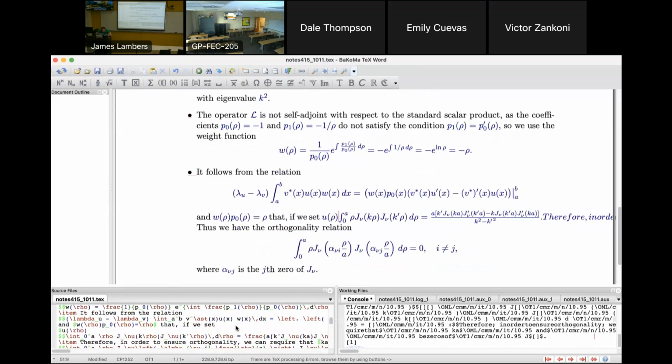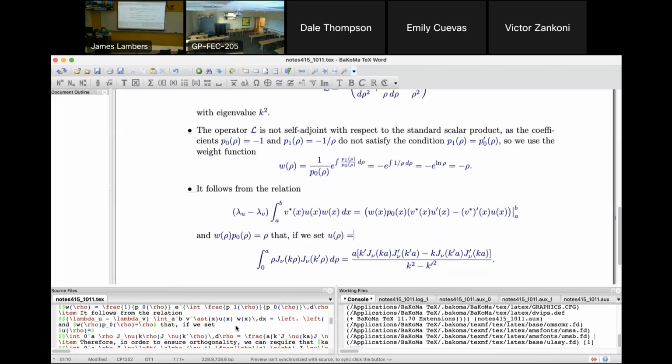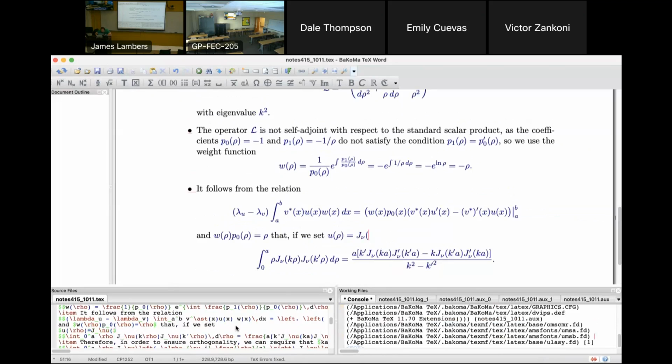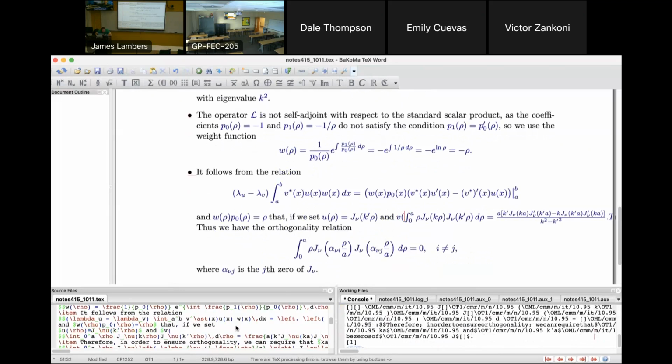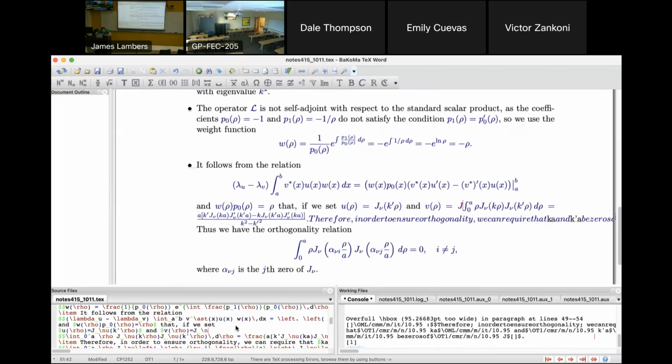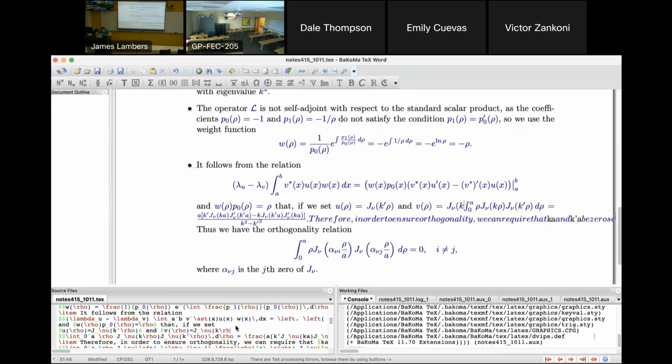U of rho equal to J nu of k prime rho, and V of rho is J nu of just k rho.